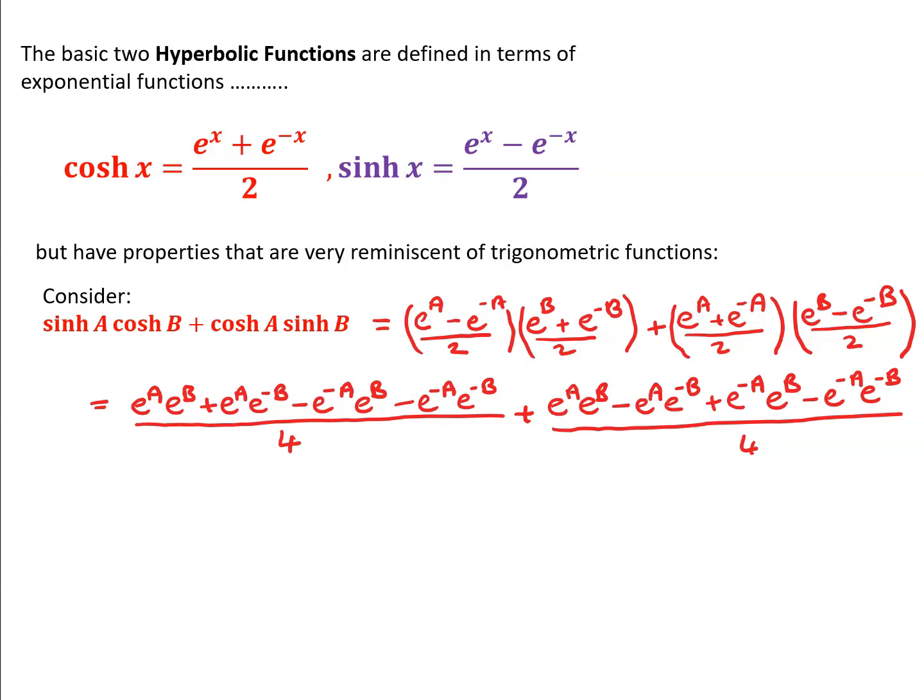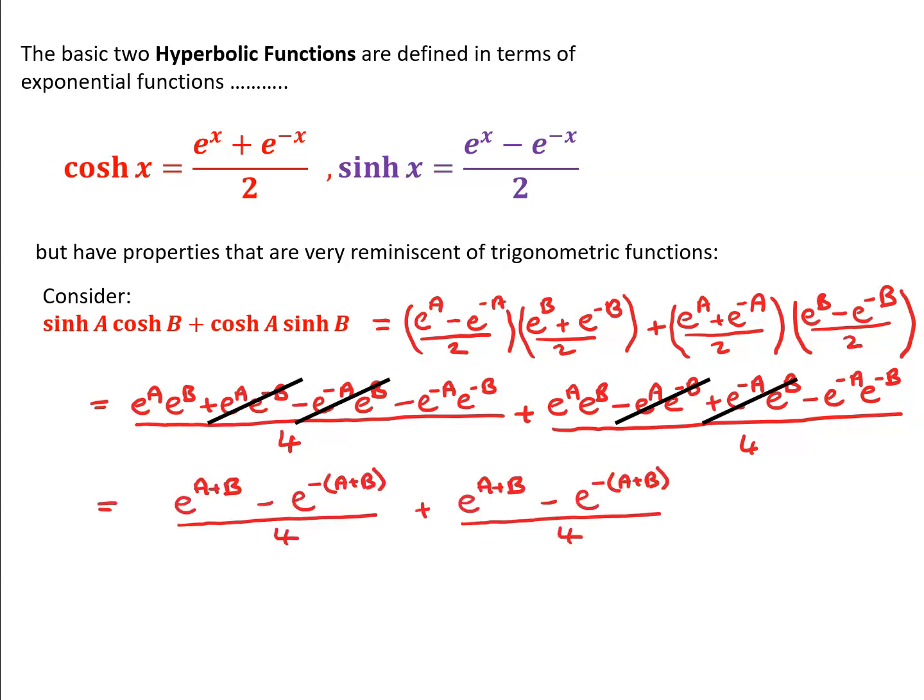And if we simplify that, we notice that several of the terms cancel out. And we are simply left with e to the a plus b, take away e to the minus a plus b, twice over. So that gives me e to the a plus b minus e to the minus a plus b over 2.